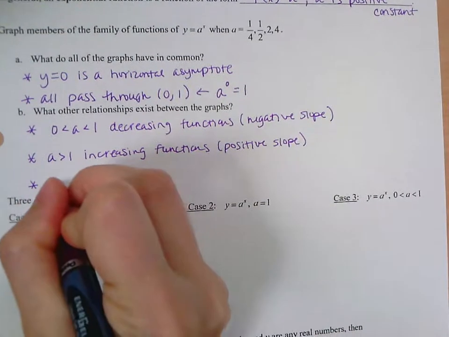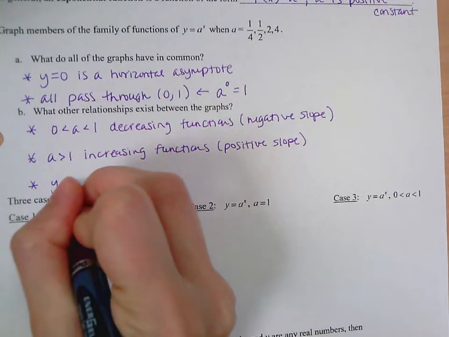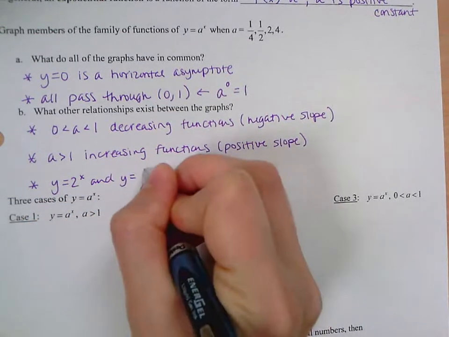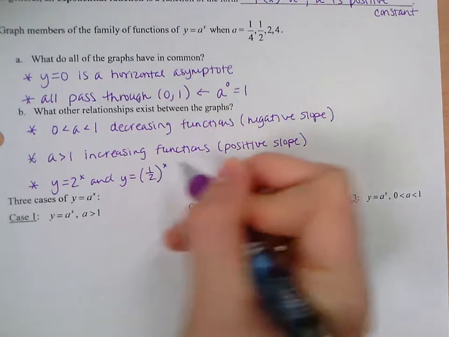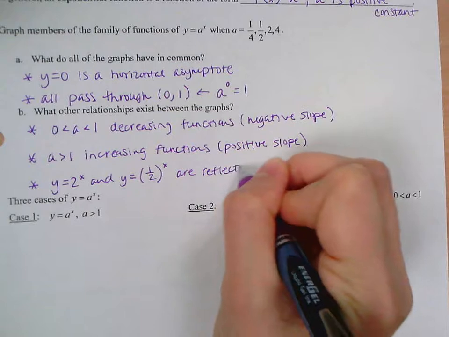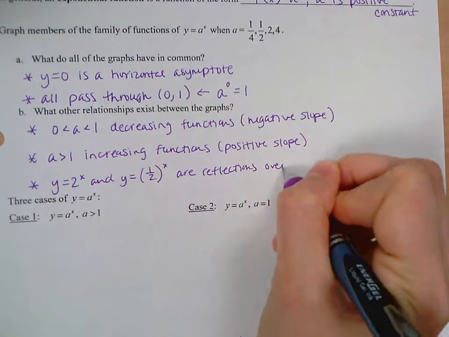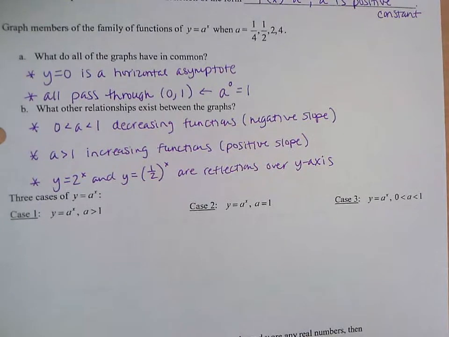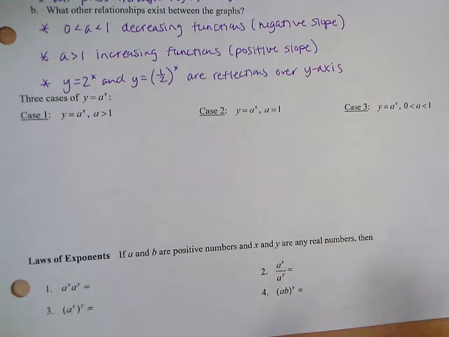So I'll just put one example, y equals 2 to the x and y equals 1/2 to the x are reflections over the y-axis. Anybody know why that is? Well, it has to do with them being reciprocals, yes.